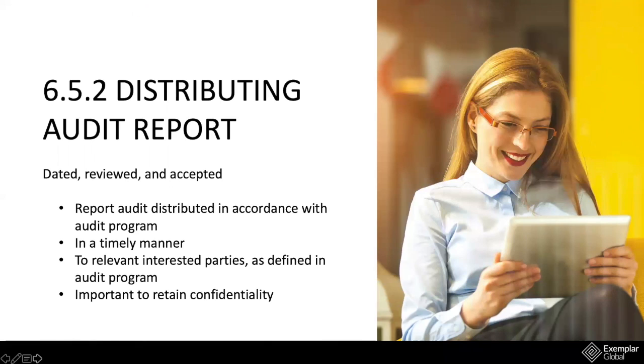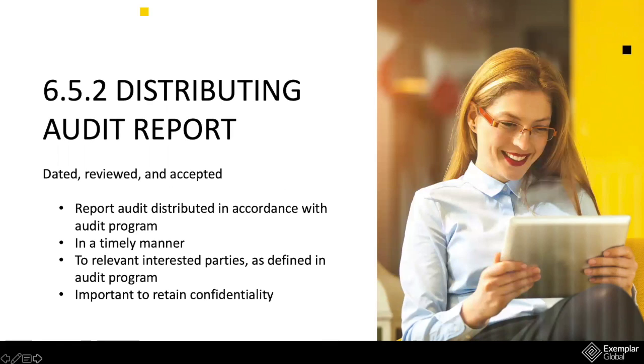If you have an organization that has 3 divisions under one roof, and only one of them was within the scope of the audit that you did, it is not appropriate for you to distribute that audit report to the other 2 divisions unless you are so directed by the program manager. So it's got to be very, very specific.